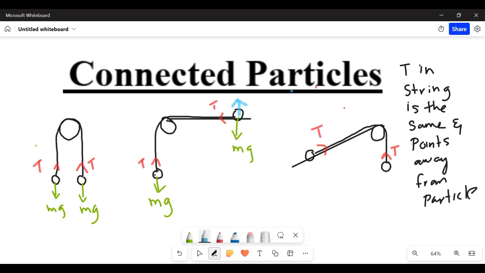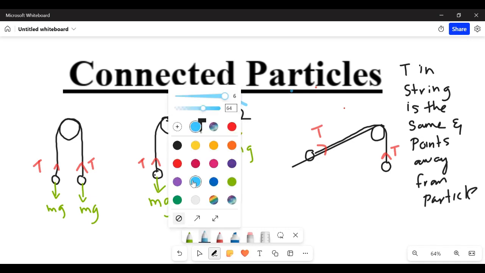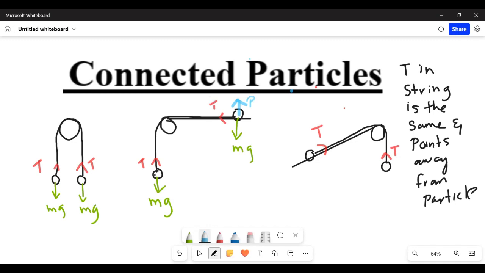What is this force? Can anybody recall? No one can recall? Normal contact force. Yes, exactly, normal contact force, which is mostly represented by R. So this is R.